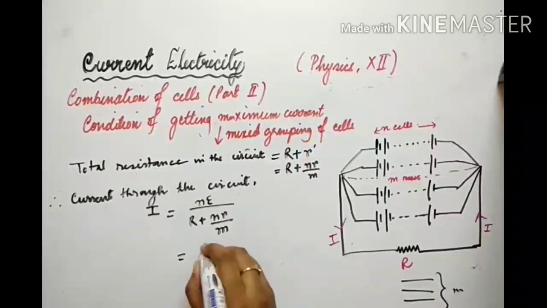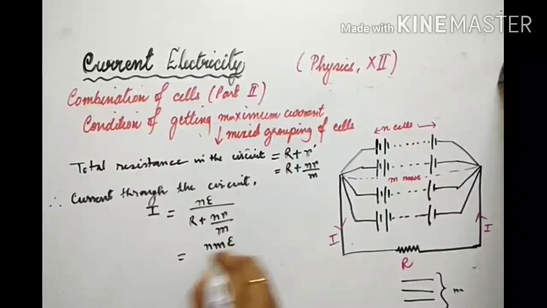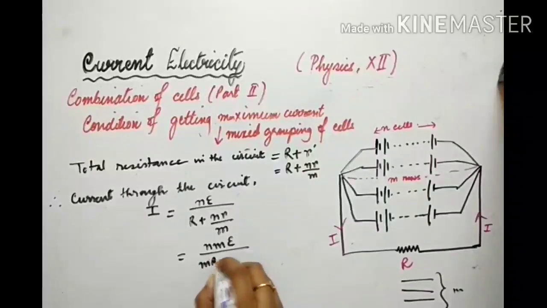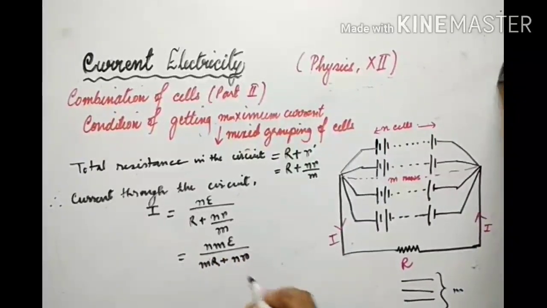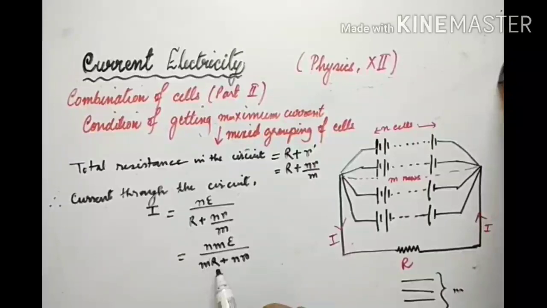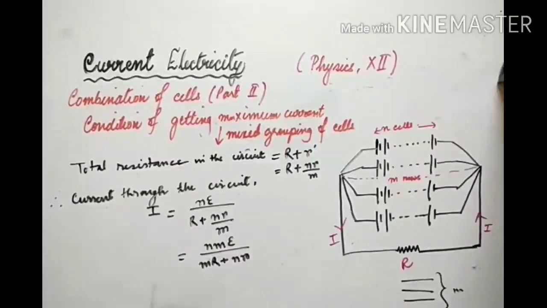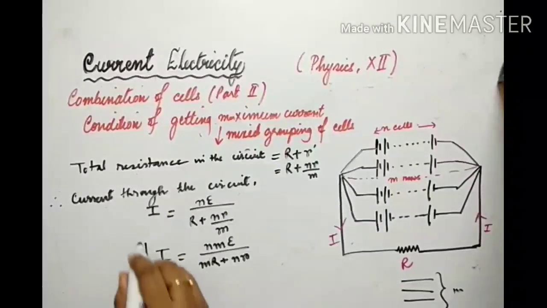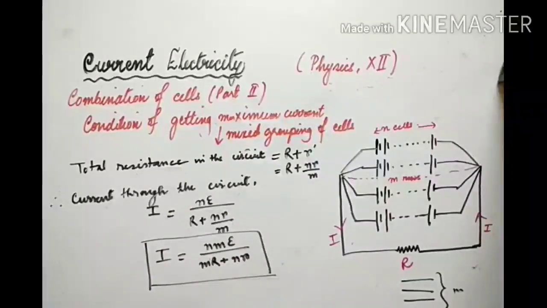If you simplify it by taking the LCM, we get n into m into E, whole divided by m capital R plus n into small r. This is our expression for current for a mixed grouping of cells.